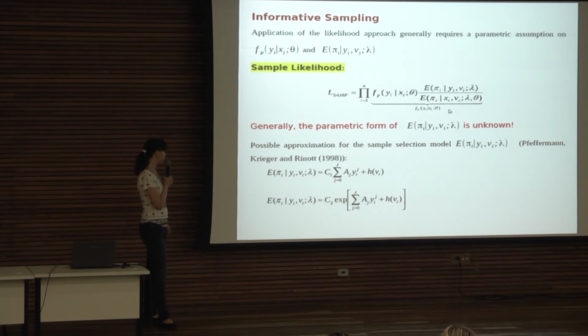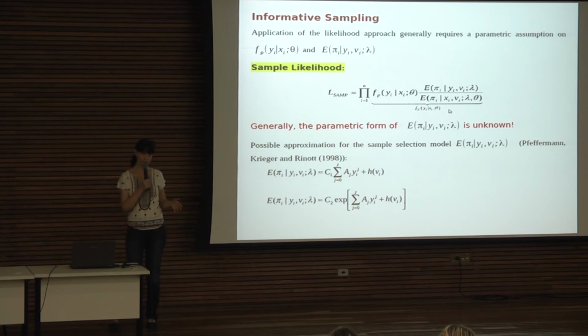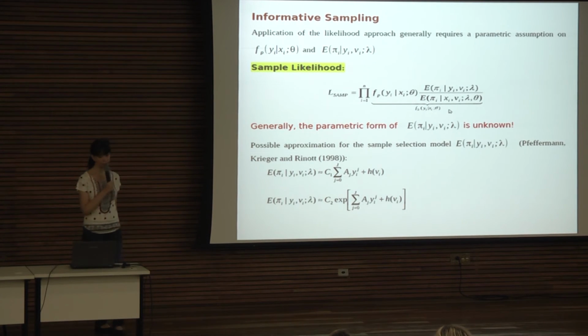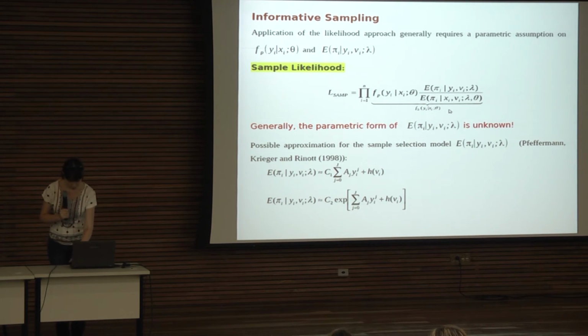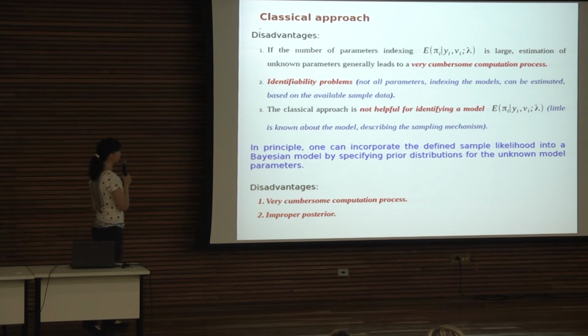There exist common approximations for the sample selection model in the literature. The most common are the linear approximation and the exponential approximation, and these approximations can be used in the defined likelihood. However, there are a few disadvantages of these approximations.